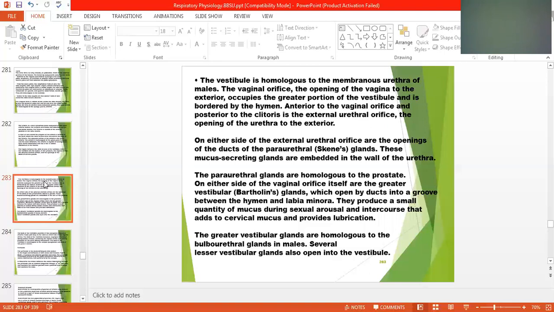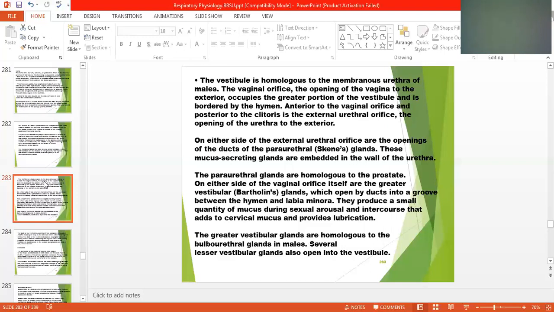On either side of the external urethral orifice are the openings of the ducts of the paraurethral Skene's glands. These mucus-secreting glands are embedded in the wall of the urethra. The paraurethral glands are homologous to the prostate. On either side of the vaginal orifice itself are the greater vestibular Bartholin glands, which open by ducts into a groove between the hymen and labia minora.